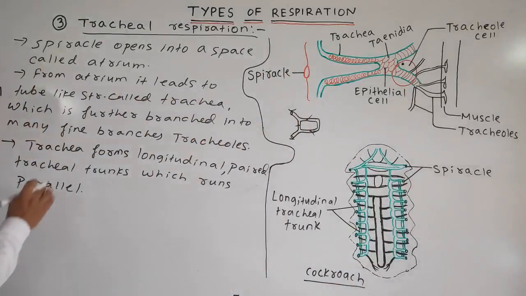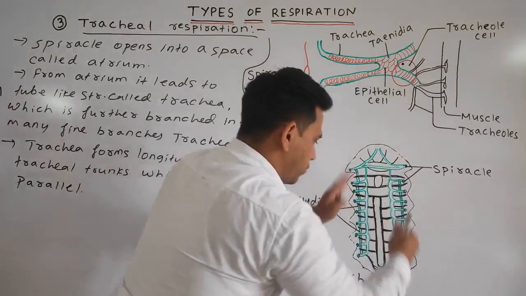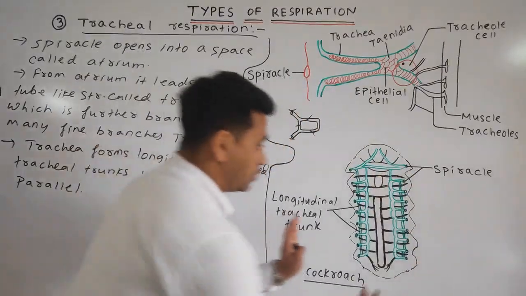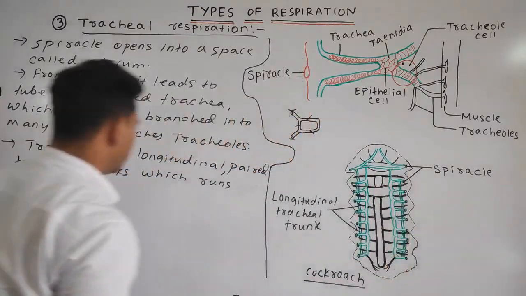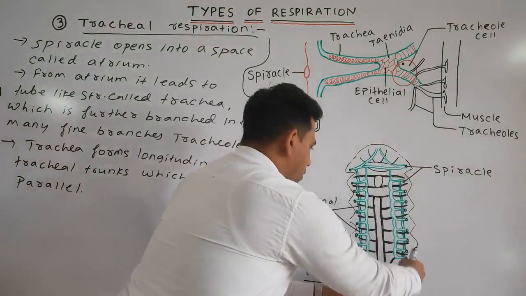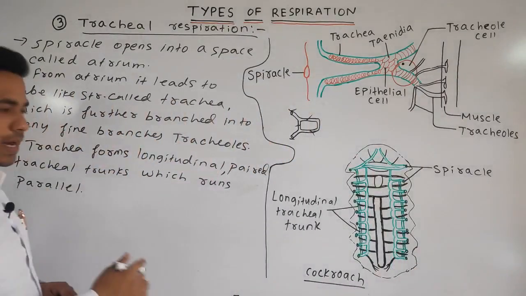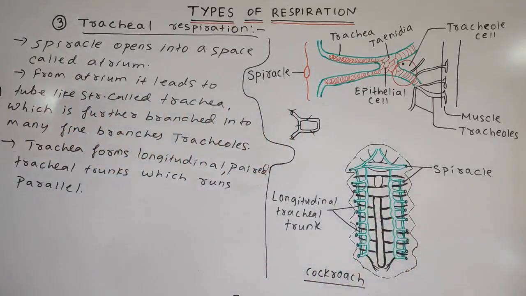See what I have written: trachea forms longitudinal, paired trunks which run parallel. You can see these run parallel to each other, so that is why it is written.